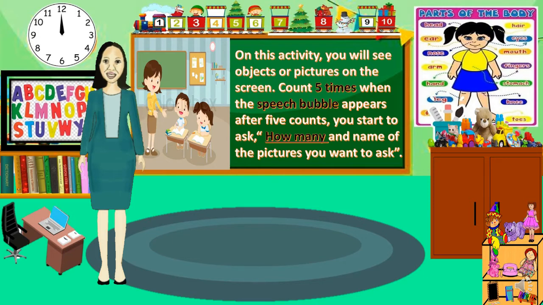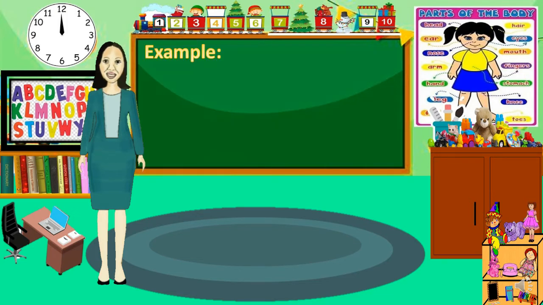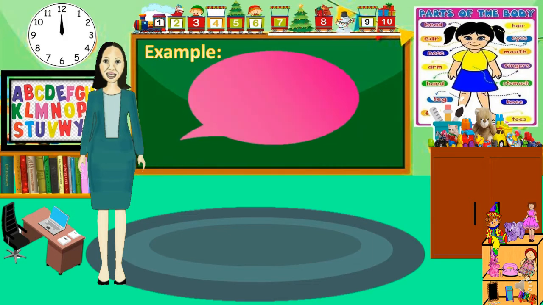And the name of the pictures you want to ask. You can see it on the screen, okay? I have an example for you. Okay, this is a speech bubble. You can see this one first and then you're going to count 1 to 5. Are you ready?